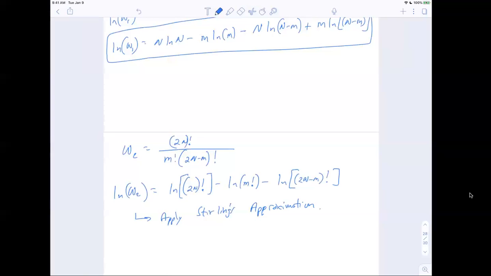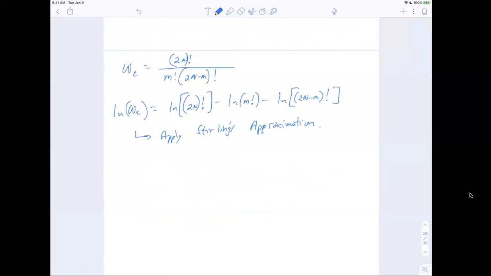Apply Stirling's approximation. So log of W2 is equal to log of 2n quantity factorial. That's just going to be 2n natural log of 2n minus 2n.